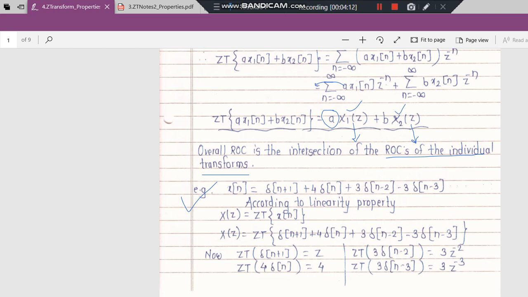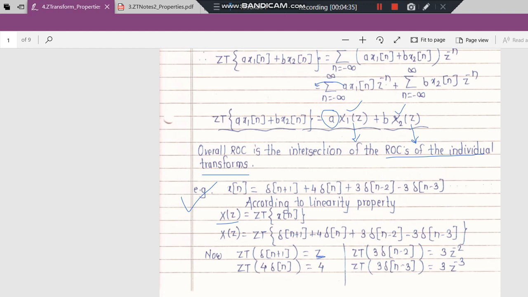Let us denote the Z transform of x of n as x of z. Then what will be the Z transform of del of n plus 1? If you substitute del of n plus 1 in our original equation of Z transform, which is summation n equal to minus infinity to infinity x of n into z raised to minus n, then you will find that the Z transform of del of n plus 1 will be z.